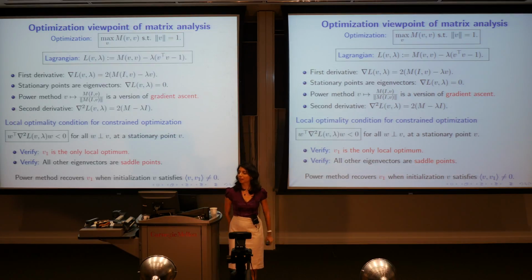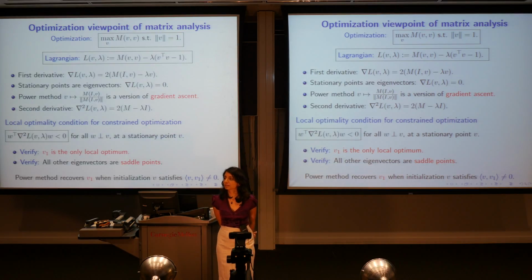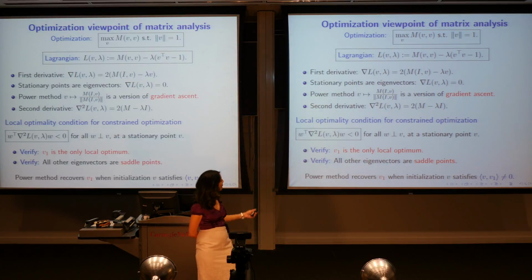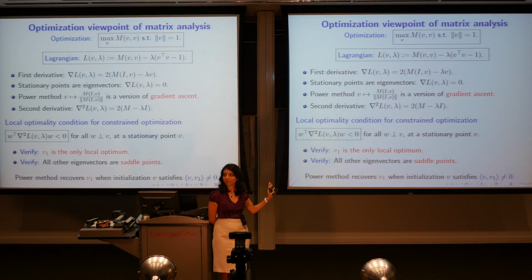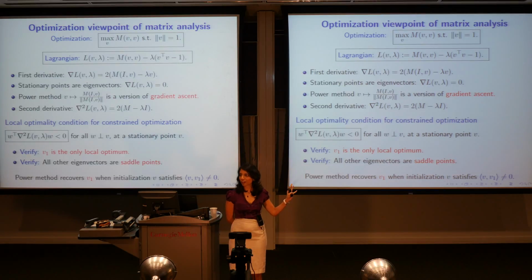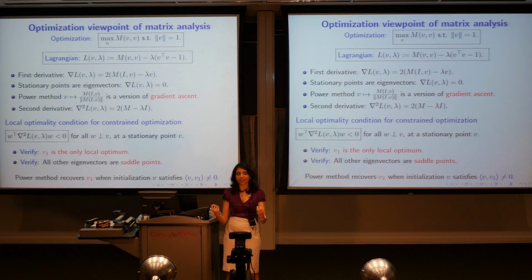Yeah. Is the Lagrangian function convex? Even though you take the Lagrangian, there's still this constraint, right? So this optimization is non-convex. So it's not a convex problem. But because of this nice property that the global optimum and local optimum are the same thing, and all the other stationary points are just saddle points, we can solve this optimization.